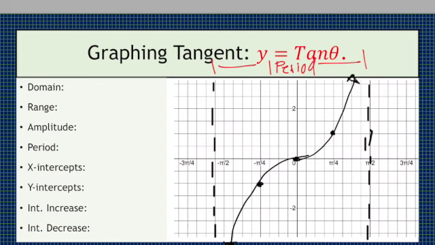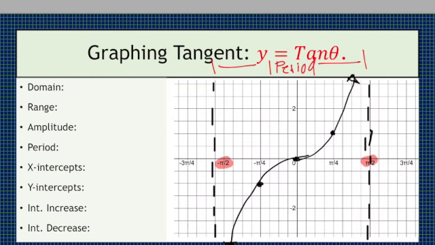You may also notice that this length is from negative pi over 2 to positive pi over 2. That's only a distance of pi. So the period for a tangent is going to be smaller than it is for sine and cosine.